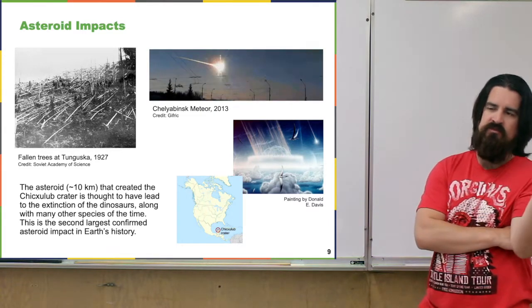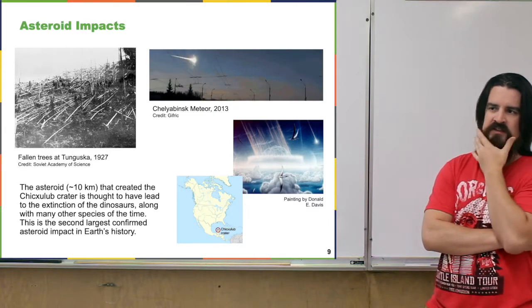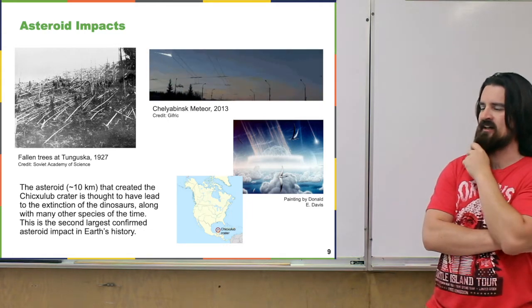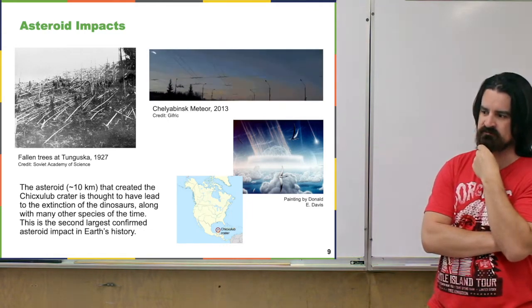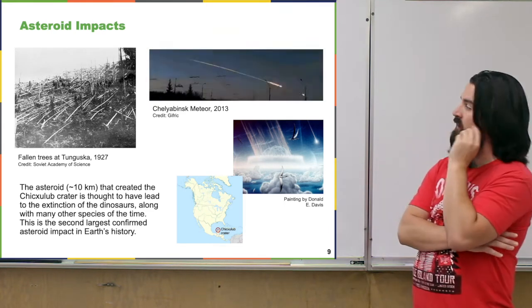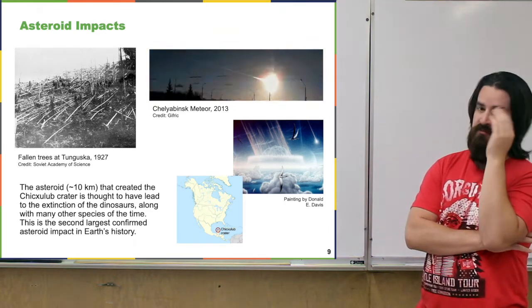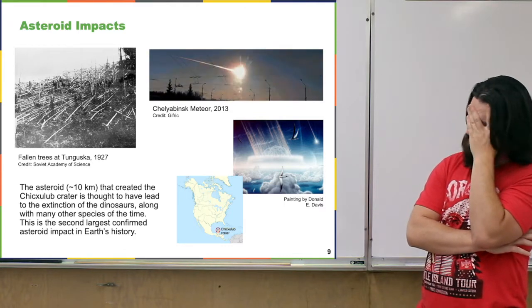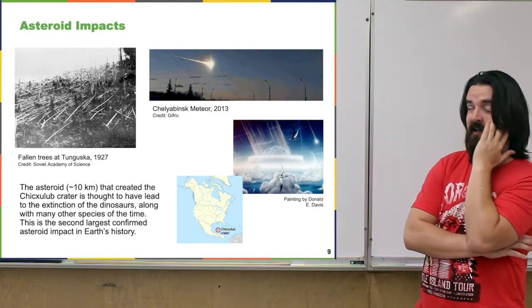So you've seen plenty of little bits of asteroids that have impacted Earth's atmosphere. Generally, they don't do a whole lot. However, sometimes, if they're large enough, they can have substantial impacts, and in some cases, planetary scale impacts.